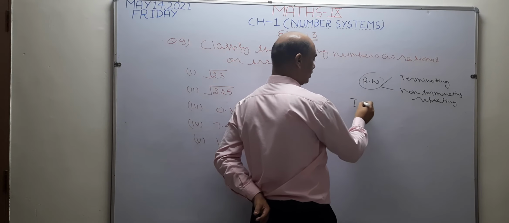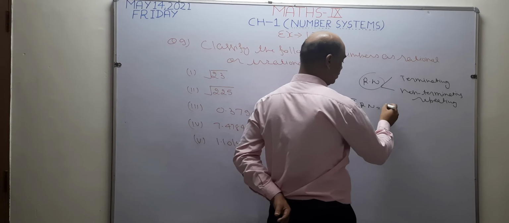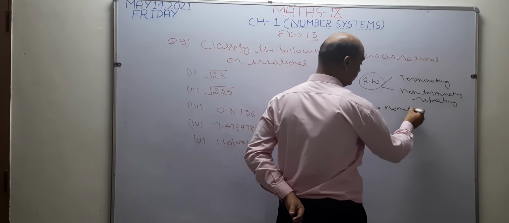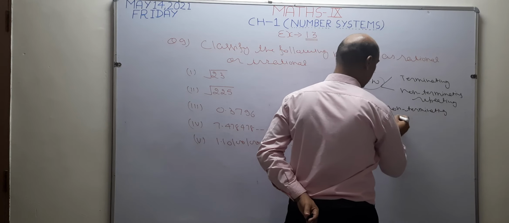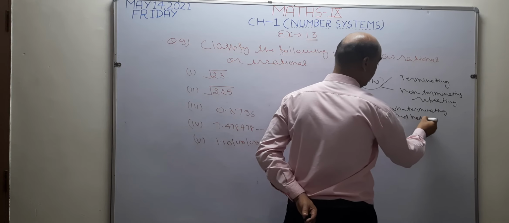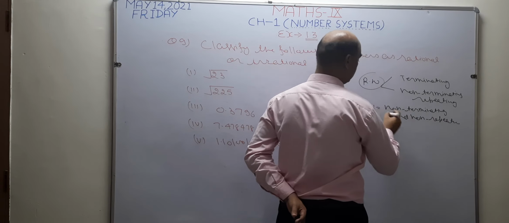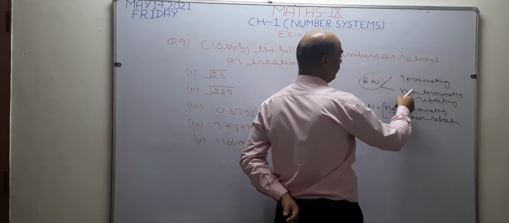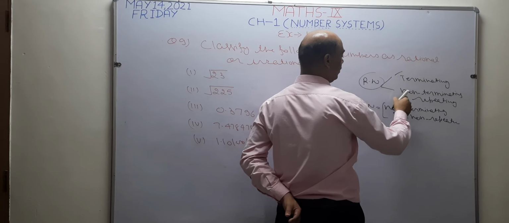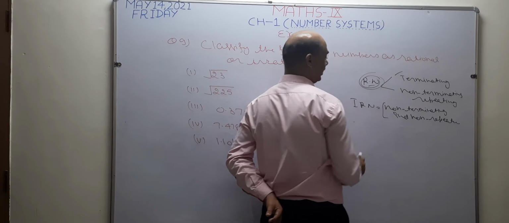And if it is an irrational number, then the decimal representation of an irrational number is non-terminating and non-repeating. If any decimal represents this, it becomes irrational. If the decimal representation of any number is either terminating or non-terminating and repeating, then the number is known as a rational number.